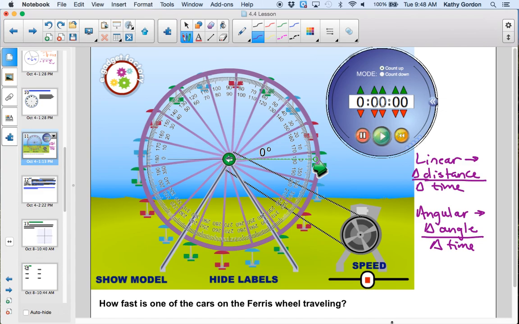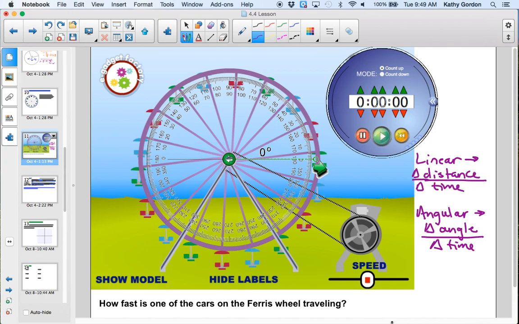So when your Ferris wheel person says go, your clock-watching person says what the time is. Ferris wheel person, don't take your eyes off the Ferris wheel.